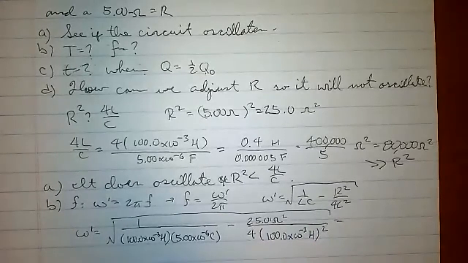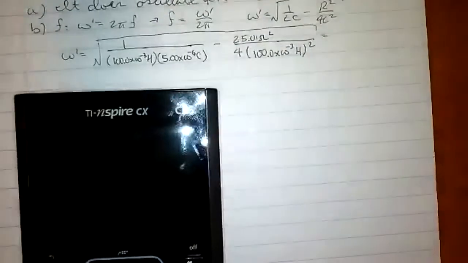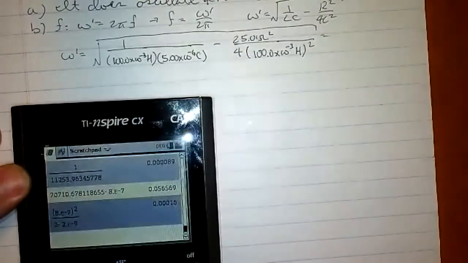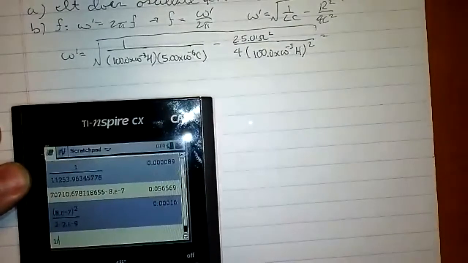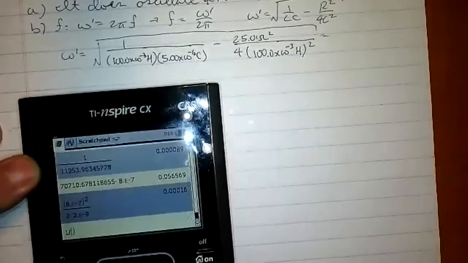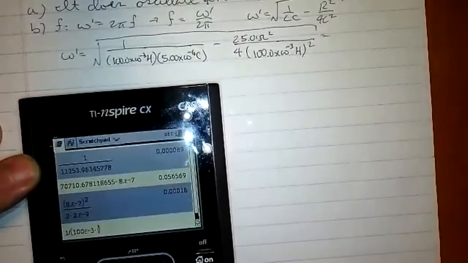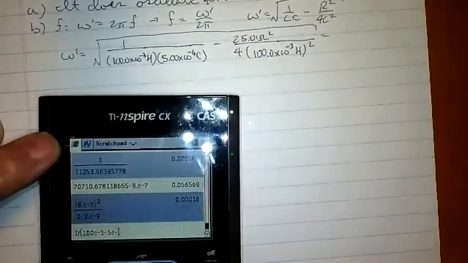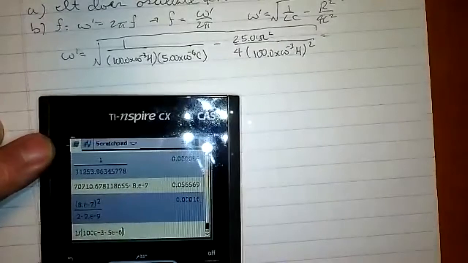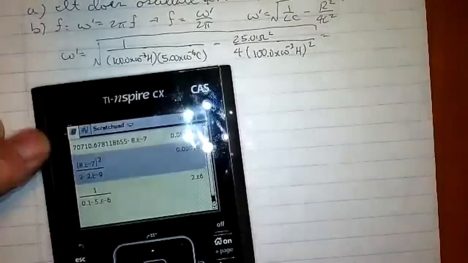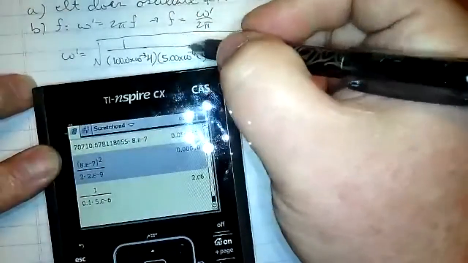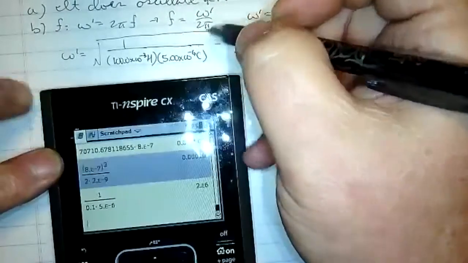So let's calculate this and see what I get. So I'm going to say 1 divided by parentheses 100 e to the negative 3 times 5 e to the negative 6. That's just the first part, so I'll say enter. So this part right here is 2 times 10 to the 6. That's 2 million.